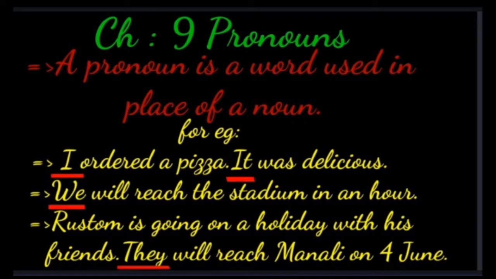They will reach Manali on 4th June. Here, I, it, we and they are pronouns. I repeat, in these sentences, I, it, we and they are pronouns, children.